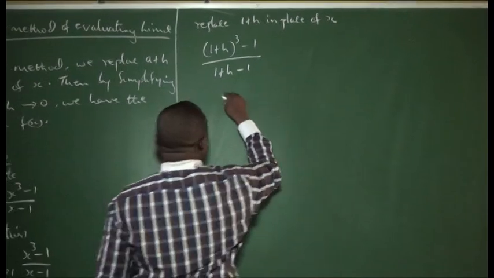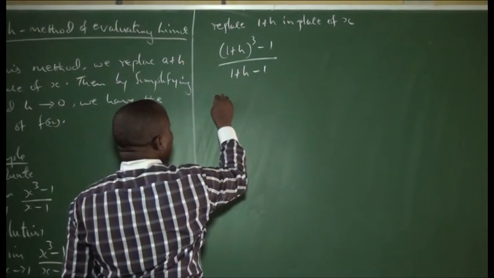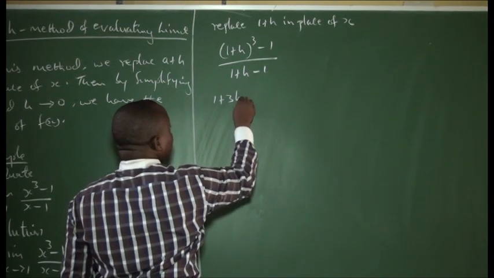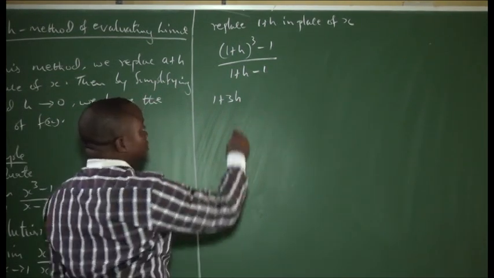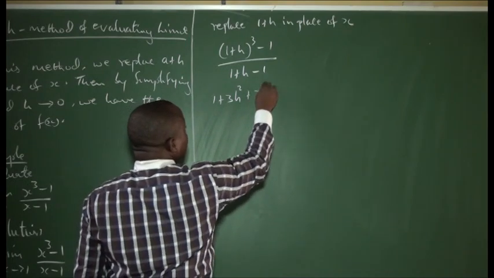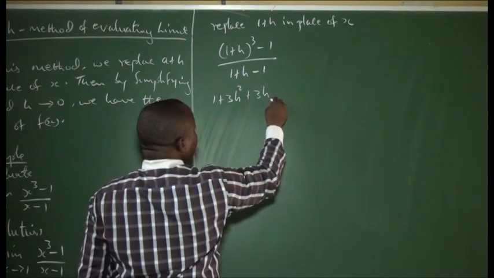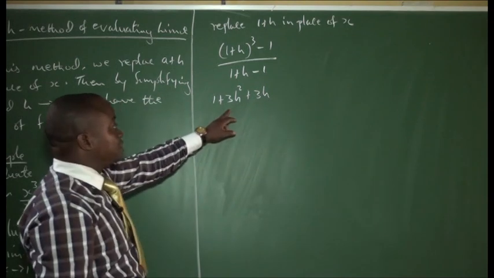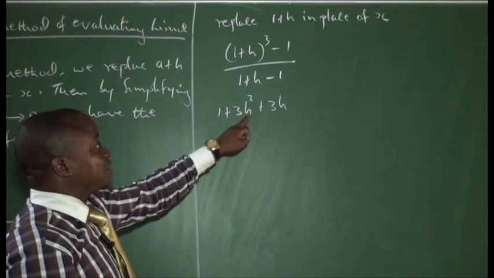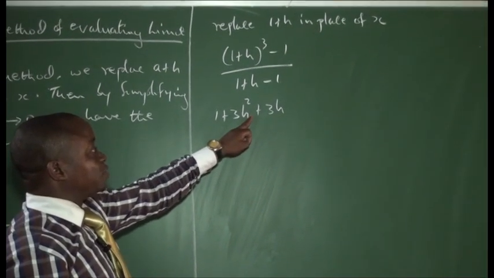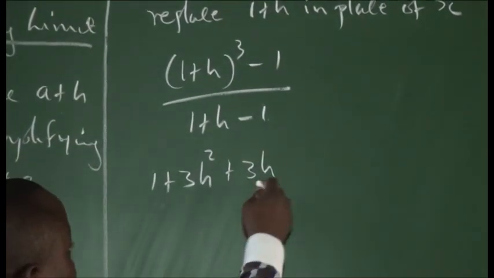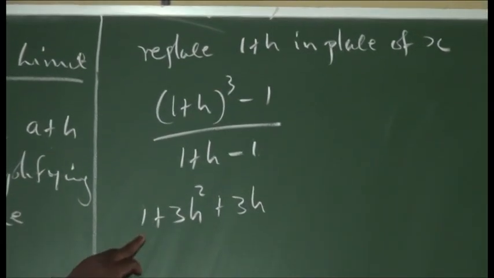By expansion, I will have 1 plus 3h plus 3h squared plus h cubed.